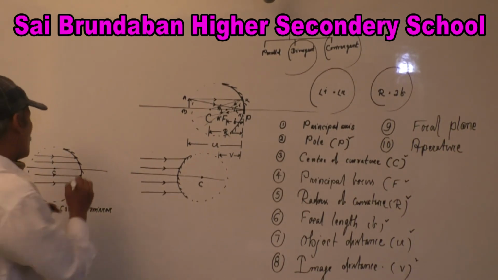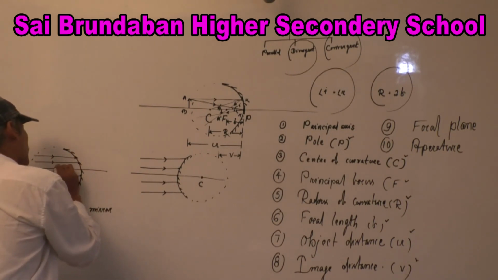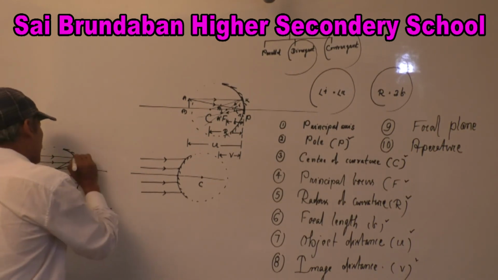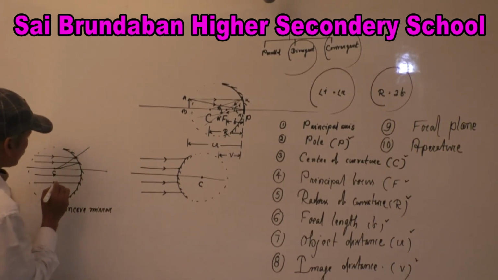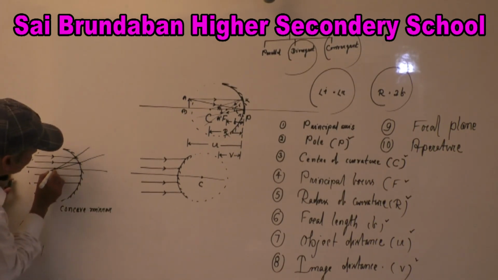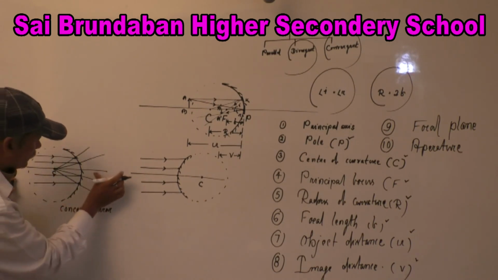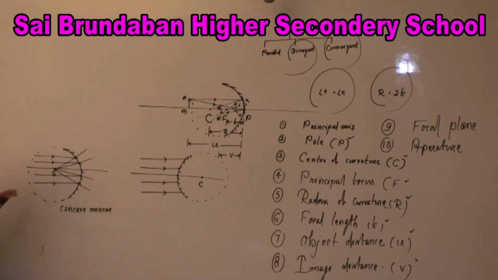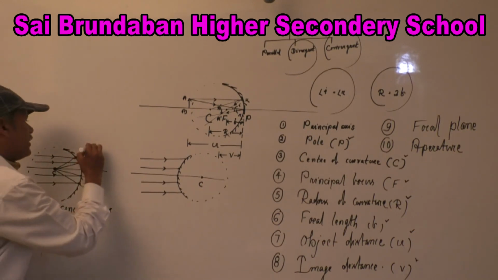Draw the tangents here. You join here. These are the normals.